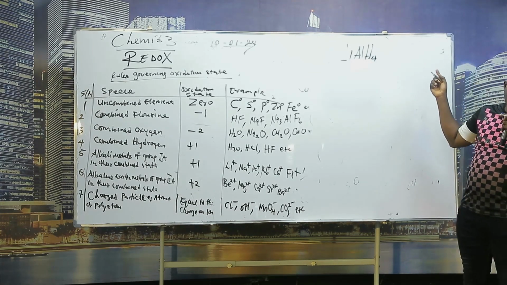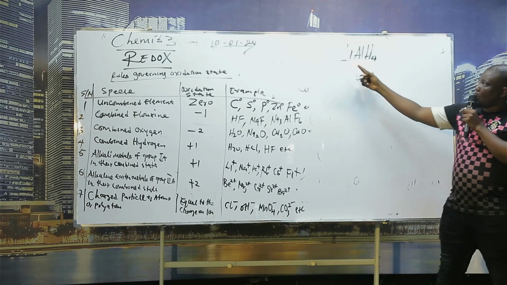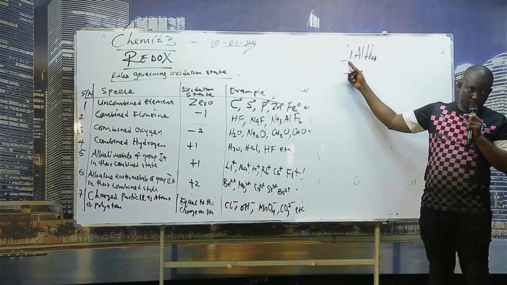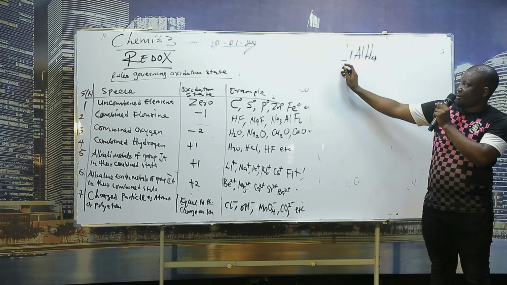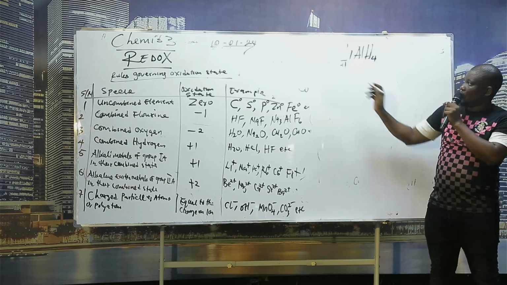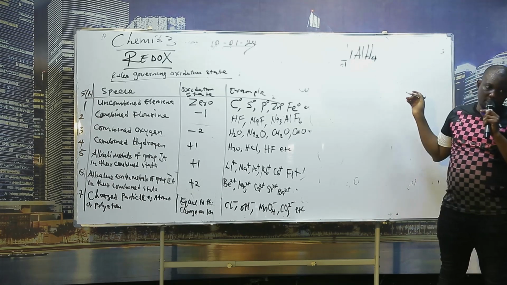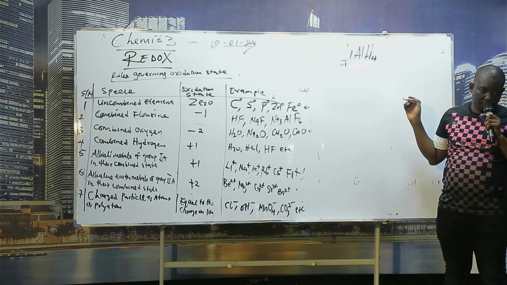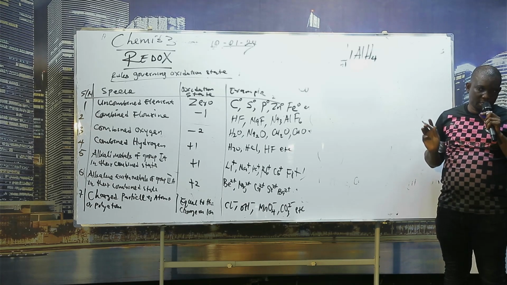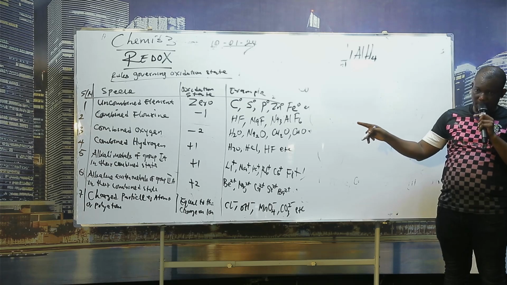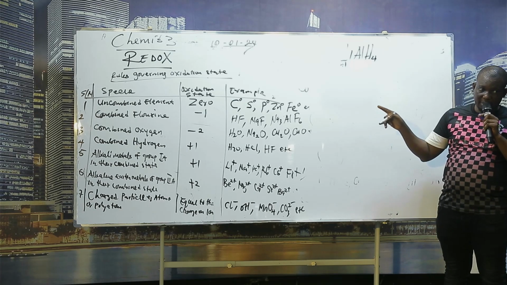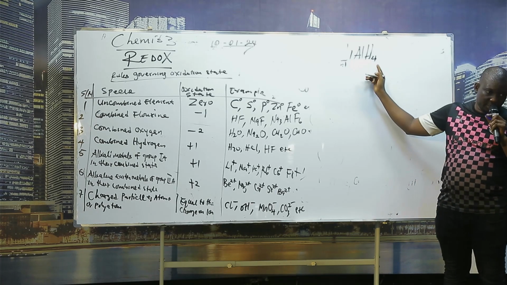When I give a name, what is the oxidation state of lithium? +1. Then here, what is the oxidation state of hydrogen? You can apply the rules now. This is a metal hydride.